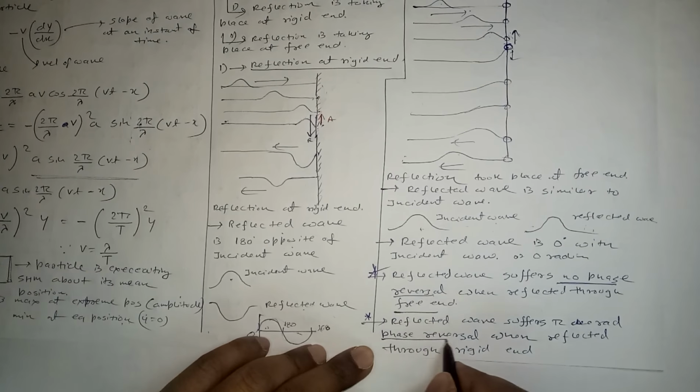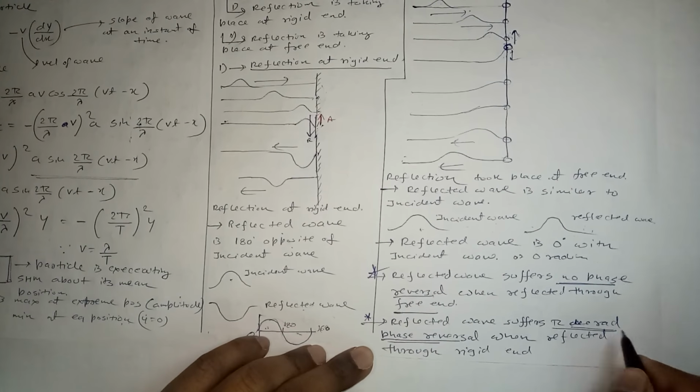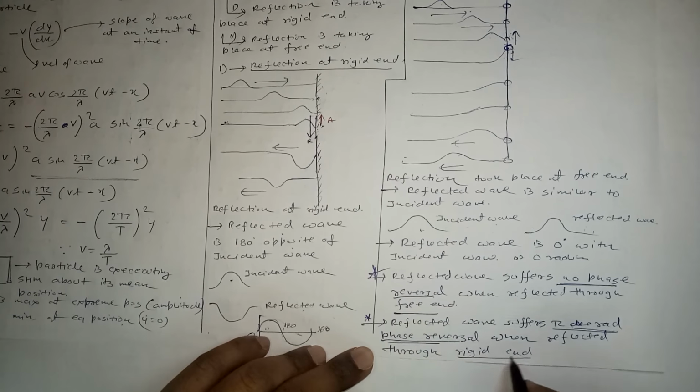So there is a phase reversal of pi radians when reflected through a rigid end.